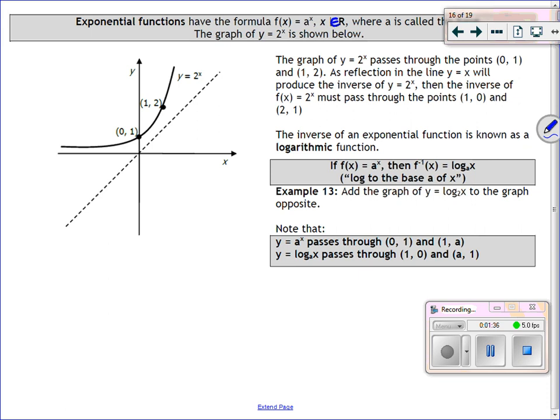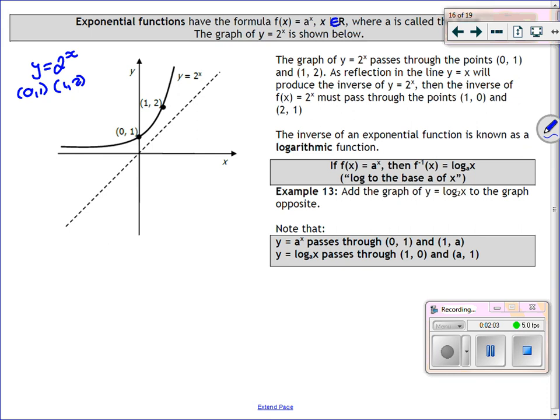Exponential functions always go through the coordinate (0, 1), and they also go through the coordinate what we call (1, a). So for example, if I have the graph of y equals 2 to the power x, then that will always go through (0, 1) and (1, 2).